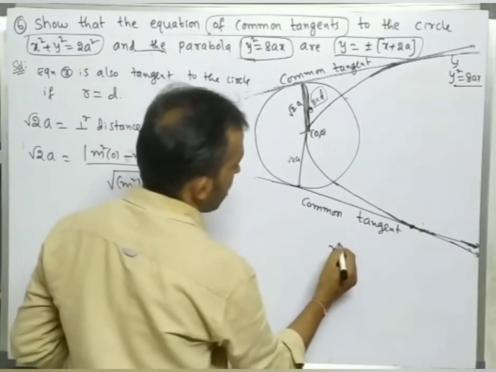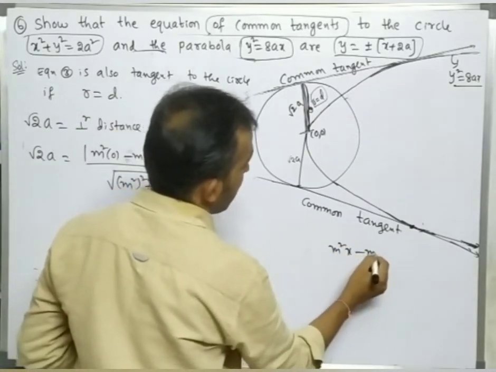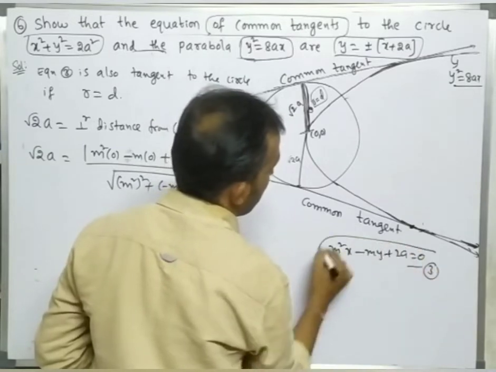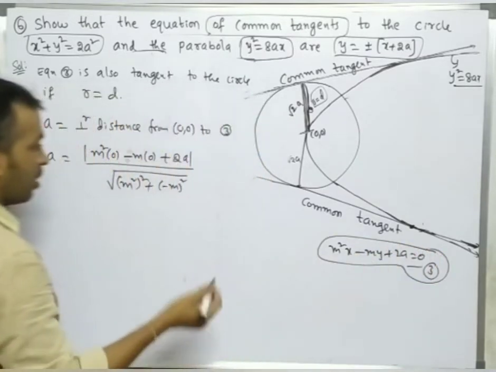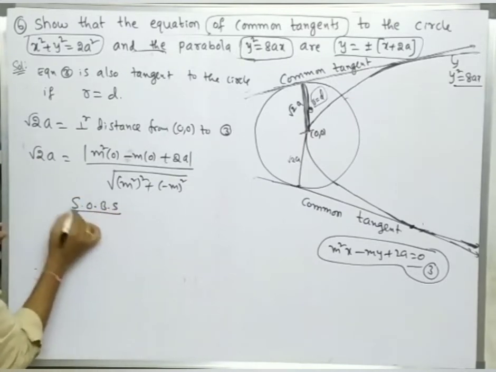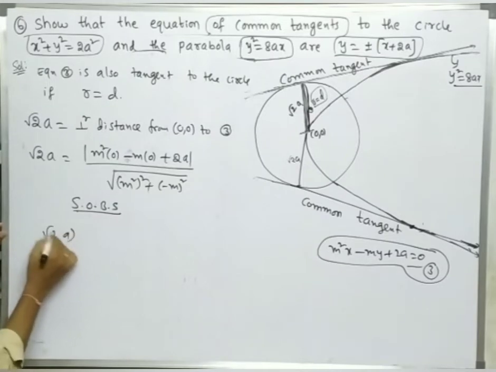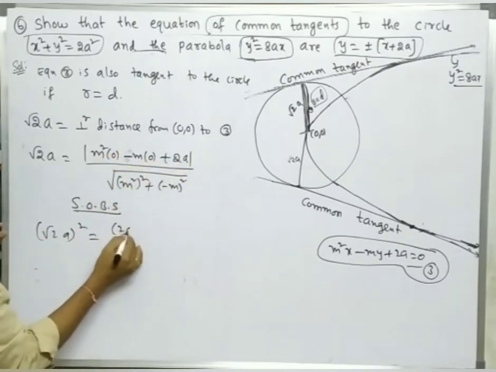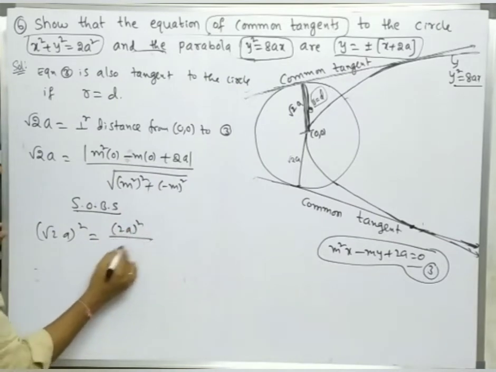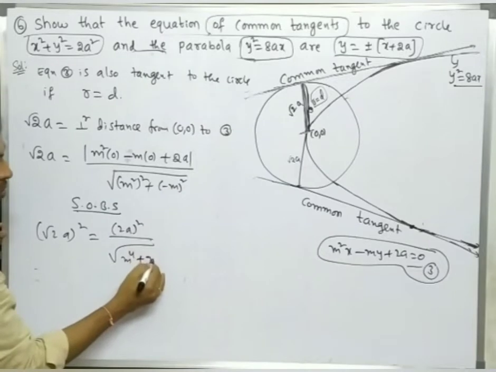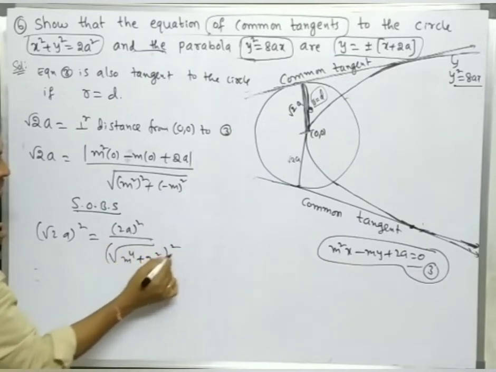I am writing here m square x minus my plus 2a is equal to 0. This is equation number 3. Remember this equation. Now squaring on both sides, you will get root 2a whole square by root m square whole square, that means m power 4, minus m whole square, m square whole square.